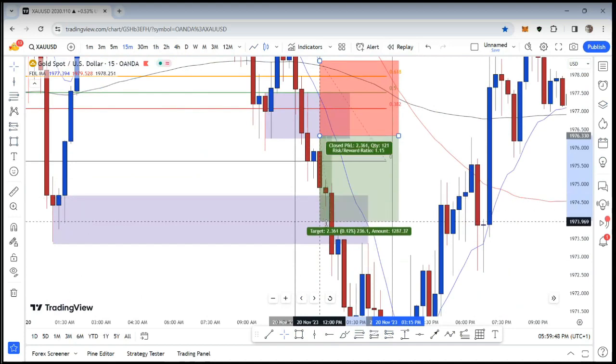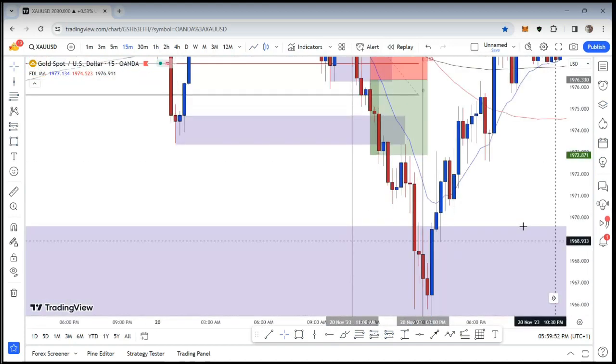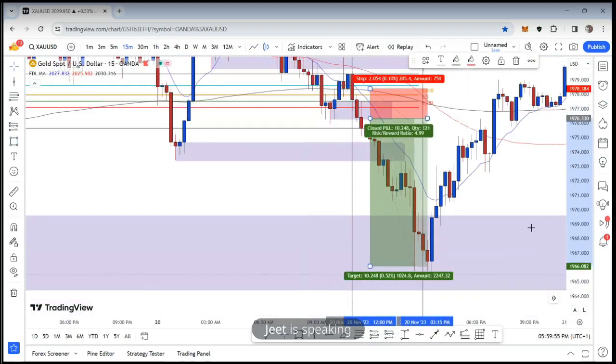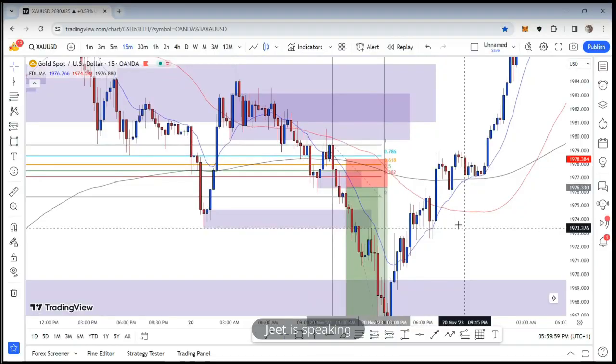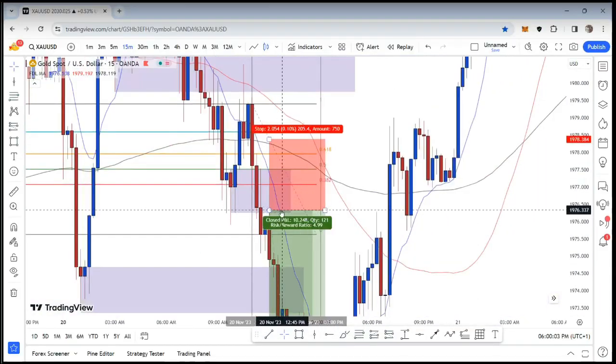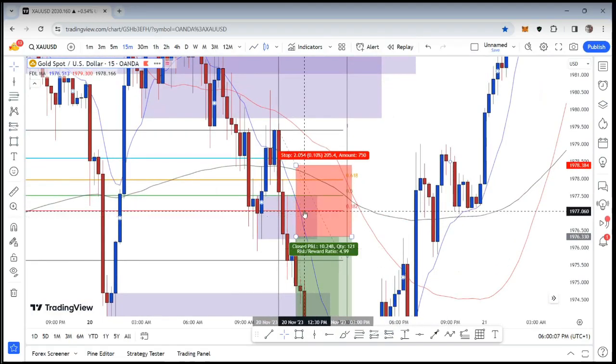And after it broke, you can see that price eventually went down ASAP. Because if you observe, my blue moving average is now above, so I was expecting price to come down to this level.